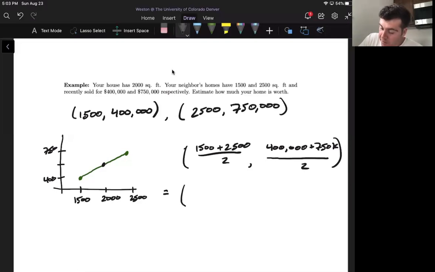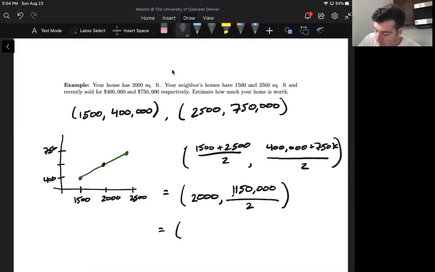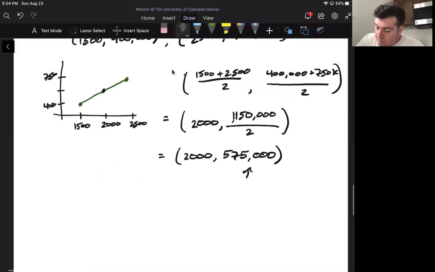And that reduces to 2,000, comma, $1,150,000 over 2, the same as 2,000, comma, 575,000. So you would estimate that your home is worth about $575,000.